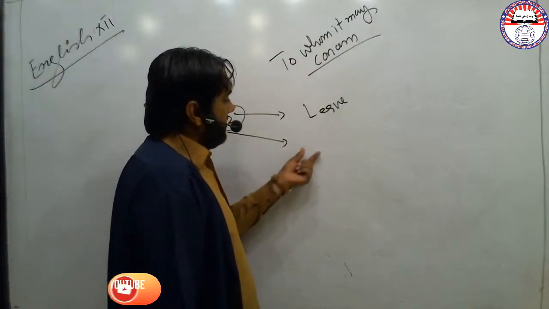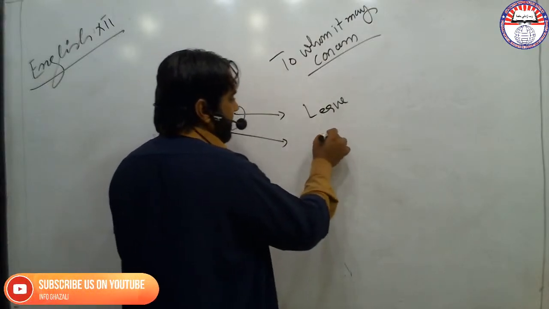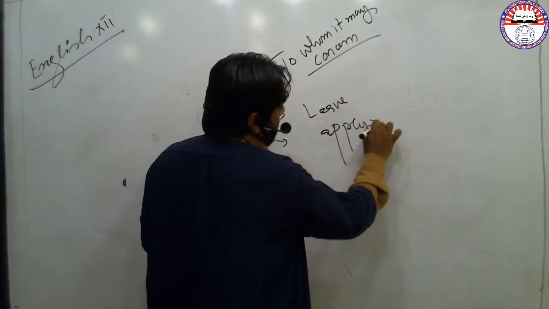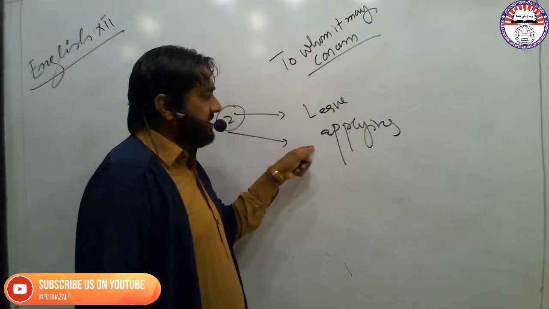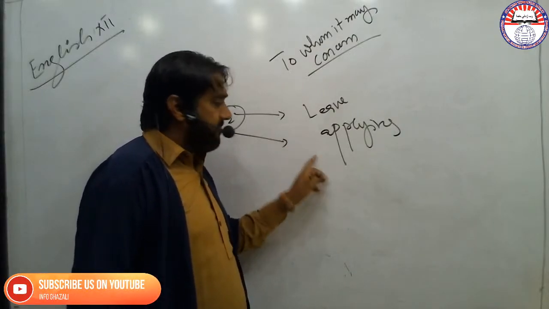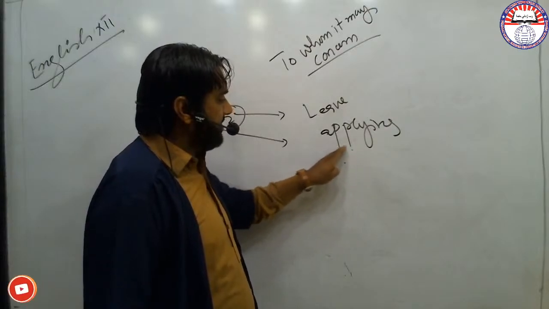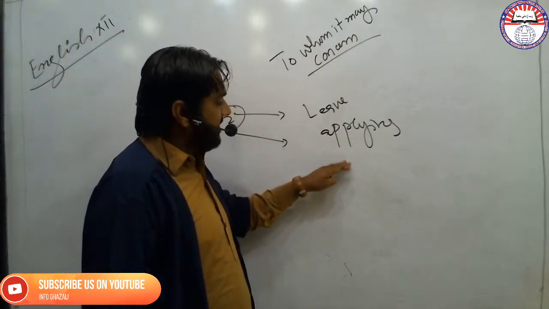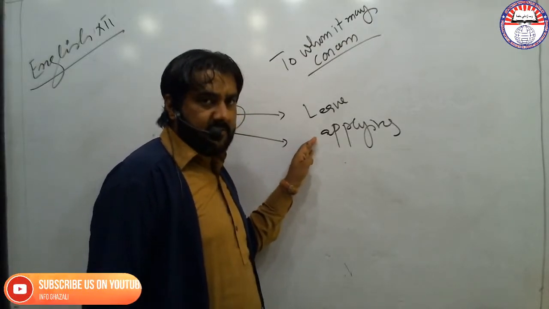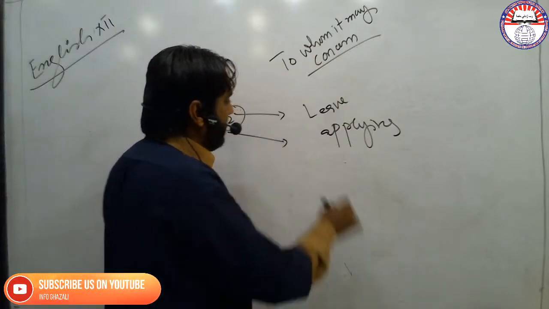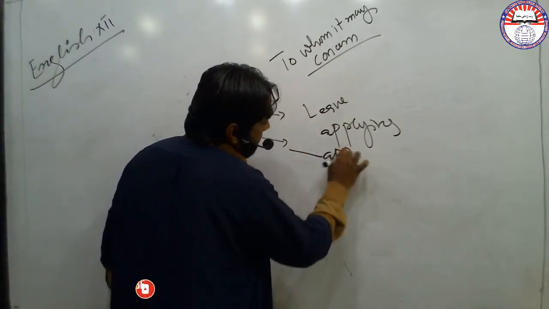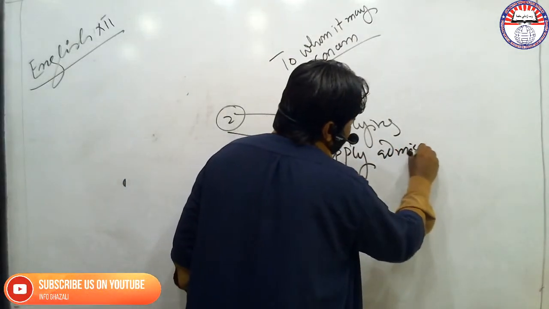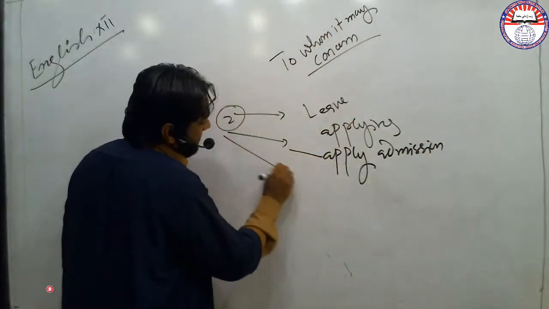Okay, then you have a different purpose of writing an application. Suppose you are applying for a job, and remember this, that you won't write this kind of particular application to your teacher. Why? Because it has nothing to do with your class teacher or principal. Okay, maybe it is concerned with your principal, because you would simply say to him that, sir, I am going to apply at different universities for admission, and I need certificates.